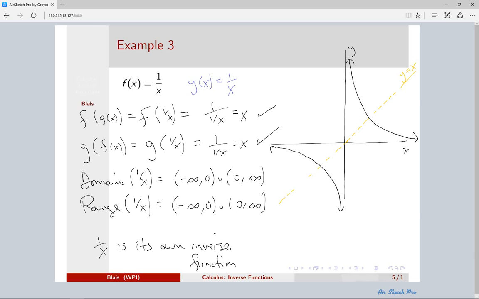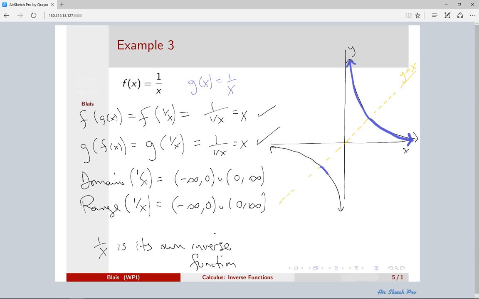Well, if you reflect this top piece over y equals x, then you're going to get this piece here. If you reflect this bottom piece about y equals x, you get this piece here. So all I've done is just draw over the graph.